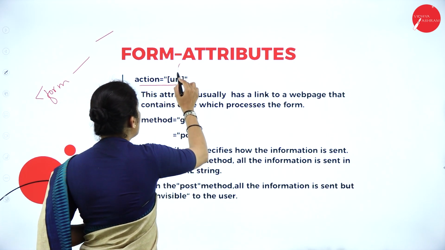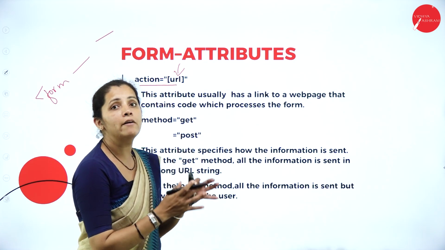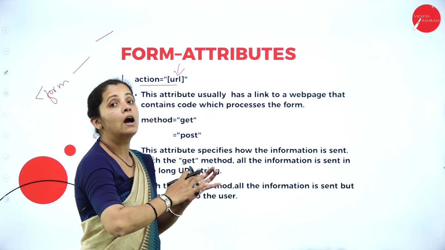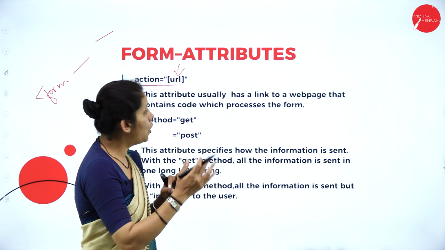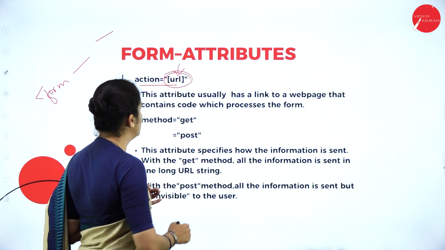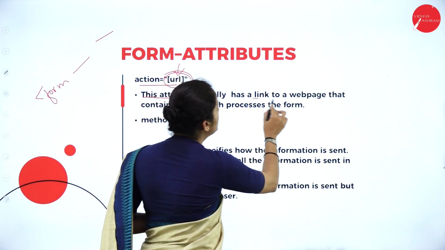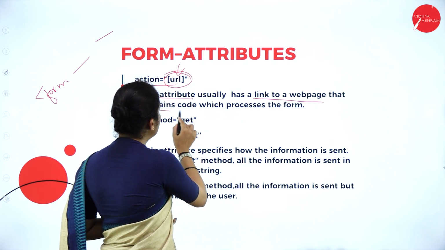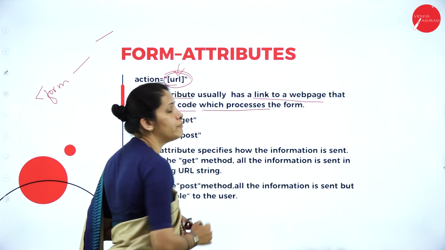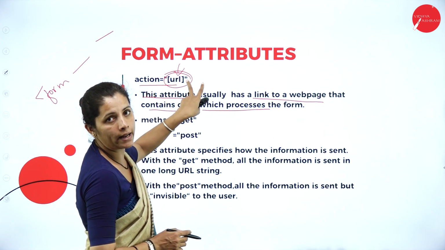So I'll write the complete URL. I'm going to write the complete navigation to where, and how I'm going to collect all the web page information, I'm going to write in my action. So this attribute usually has a link to a web page that contains code which processes the form. So your action is nothing but the URL.